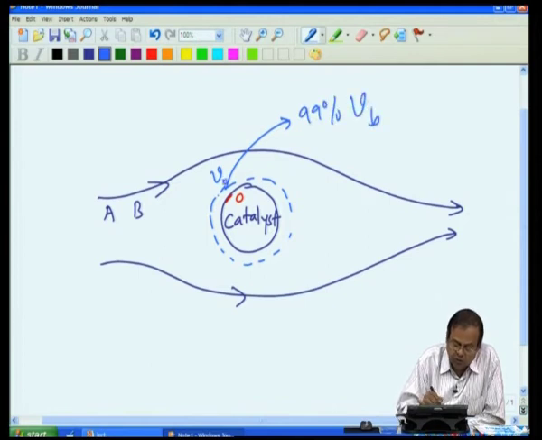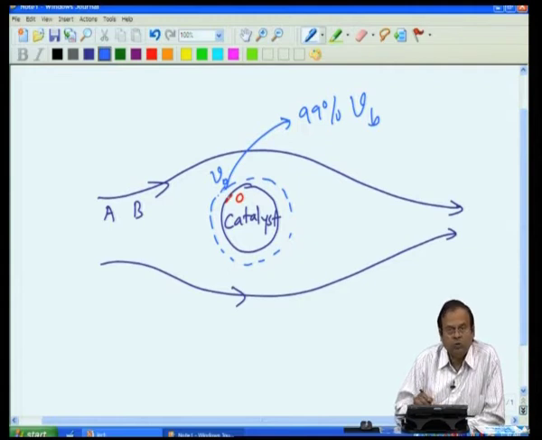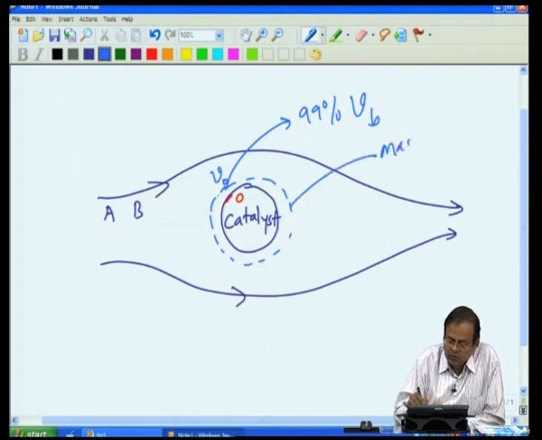So, if this is the bulk velocity, the velocity at the edge of the layer is 99% of the bulk velocity, and from there it drops down to 0 at the surface. When it comes to mass transfer, we will apply the same idea, that is, instead of hydrodynamic boundary layer, we will say that we have a mass transfer boundary layer.